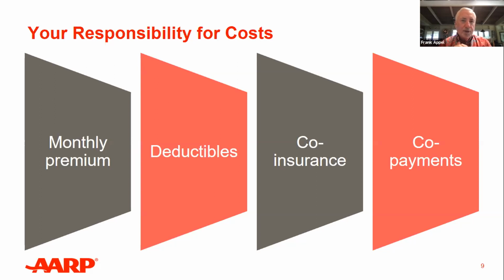You'll be subject to deductibles, and it's more than one, and we'll go over those. You'll be subject to coinsurance, which is a percentage of the cost that you will be responsible to pay. And you may also be responsible for certain co-payments, and that's typically for prescription drugs. So we'll go into those in a little bit of detail. Next slide, Jackie.